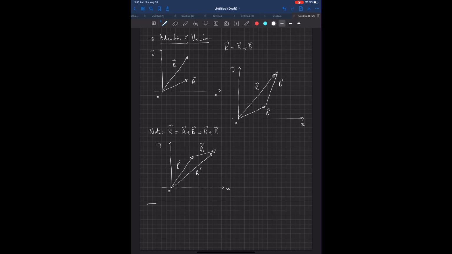Something which I've already done implicitly, you can see that, is that one can move a vector to any position as long as one does not change its length or direction.